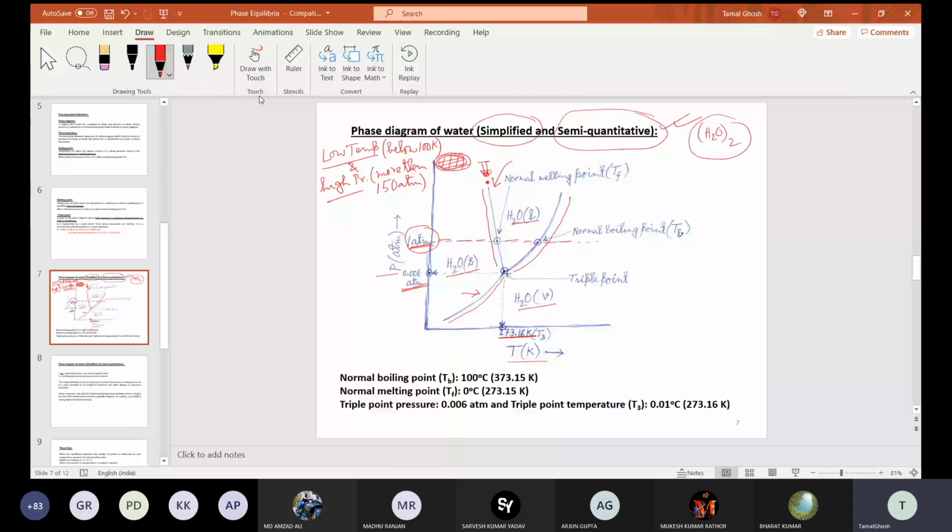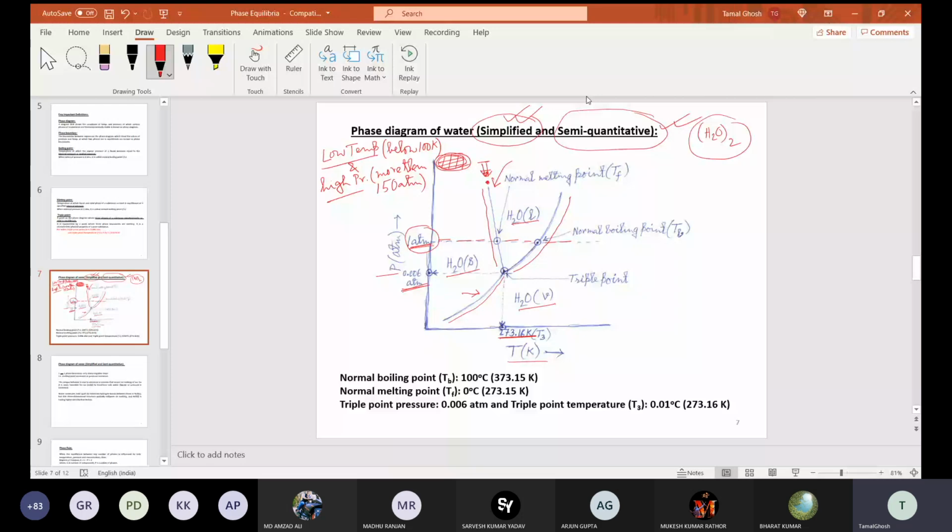Now, if you consider the actual phase diagram, this is the simplified one I have written. The reason is we are only considering the simplest part of this phase diagram. So if you consider the actual phase diagram of water at low temperature below 100 Kelvin and high pressure more than 150 atmosphere, we will be getting other phases of water, and also we will be getting another triple point there.